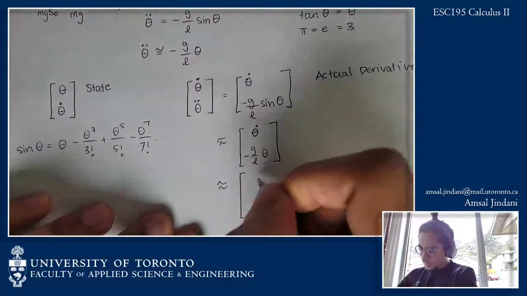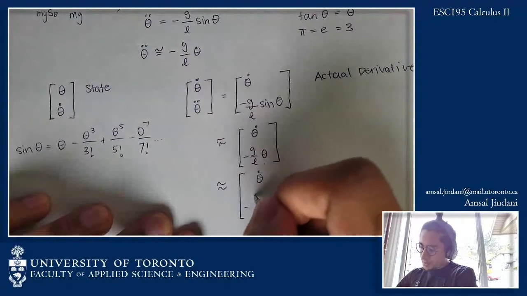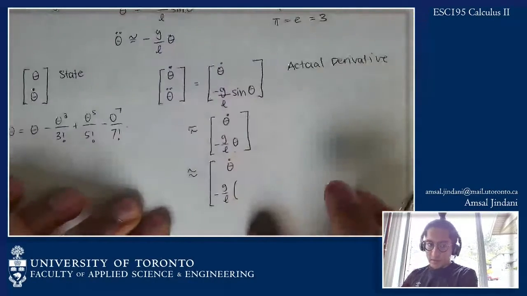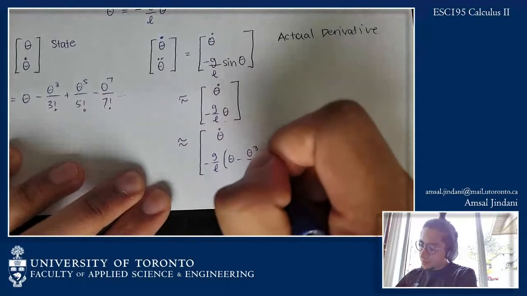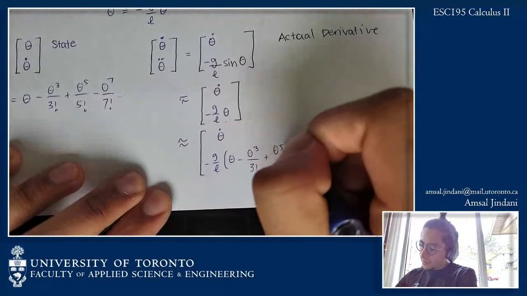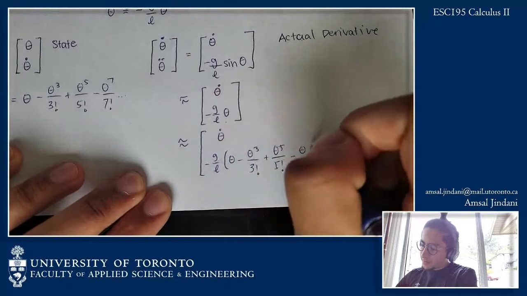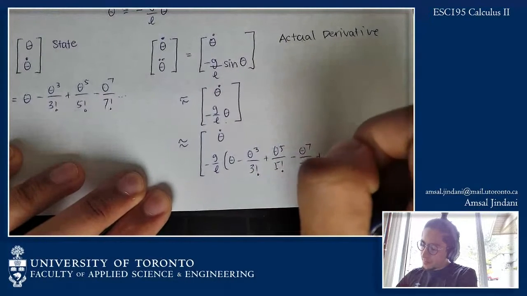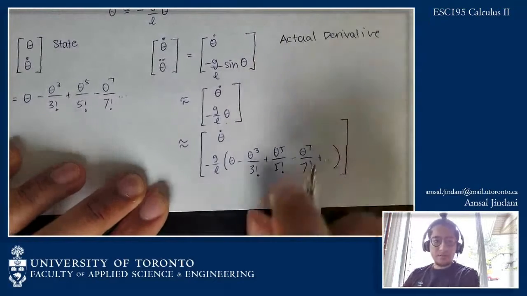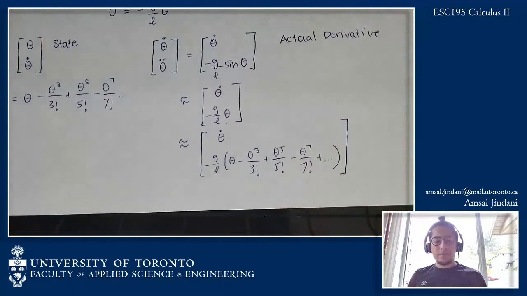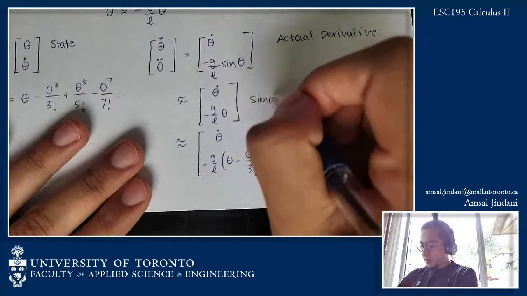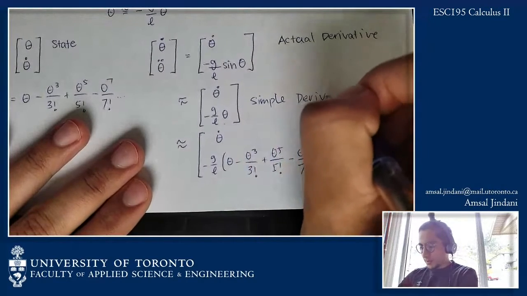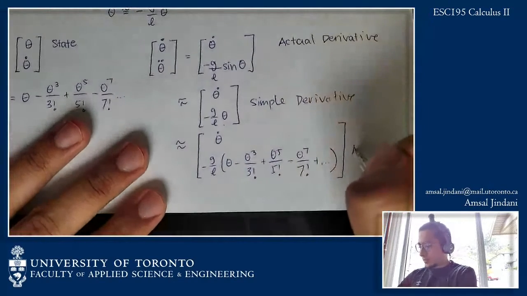So instead of just theta, we use the Taylor series expansion: theta minus theta cubed over 3 factorial plus theta to the 5 over 5 factorial. And we can truncate that whenever we feel like we have the desired accuracy that we need. So in my MATLAB code, I've called this the actual derivative, this one the simple derivative because it's pretty simple, and this one we can call the approximate.